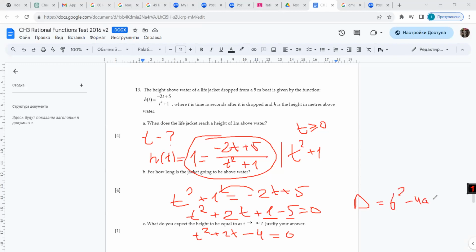B squared minus 4ac equals 4 plus 4 times a times c, negative 4, plus 16 equals 20.